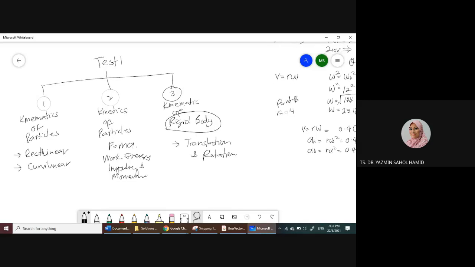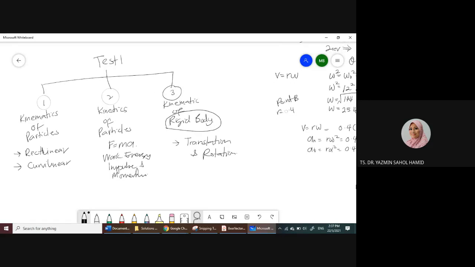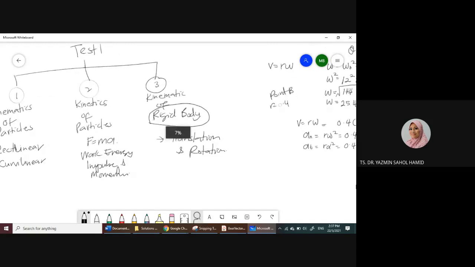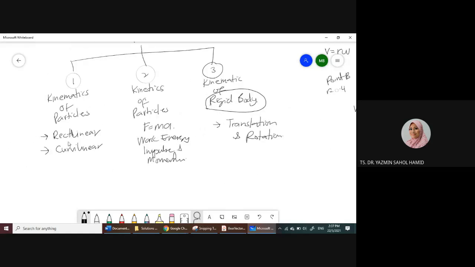However, a topic like kinematics of particles, there are a lot of types, if you notice. Because it was the first one. But then, if you notice when we do kinematic of rigid body, we are doing the same thing, but of course the symbol is different. So it's a repetition of what we've learned before.